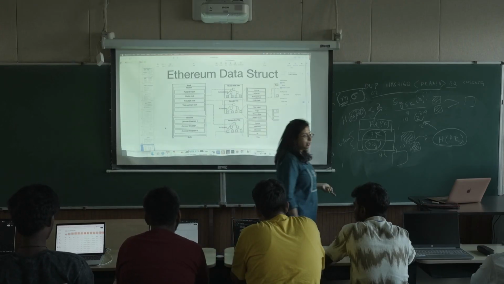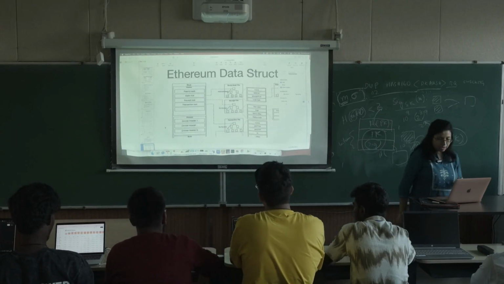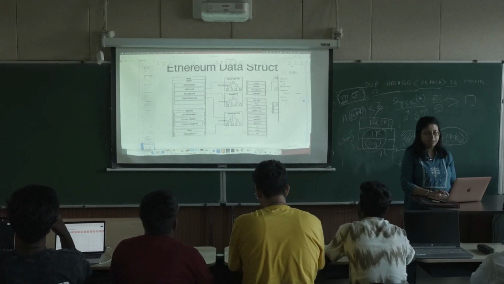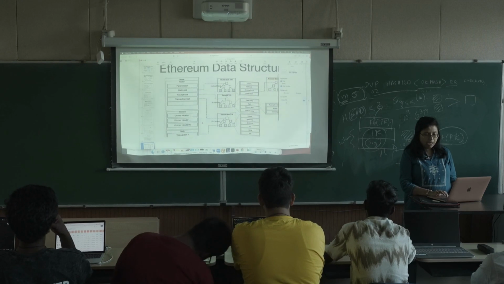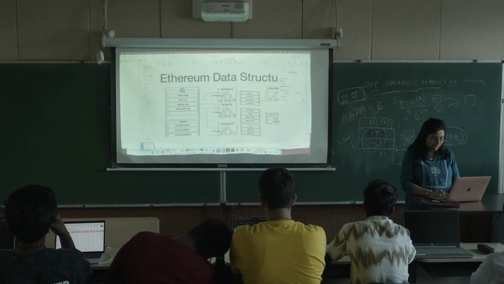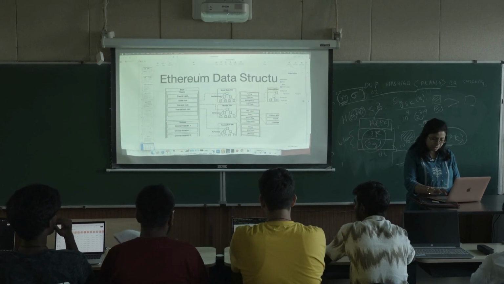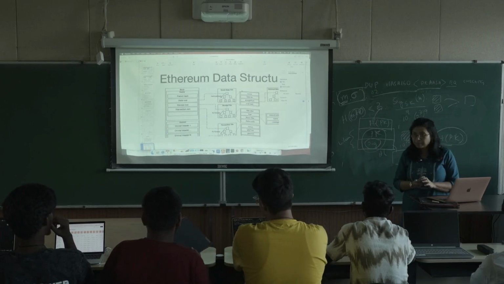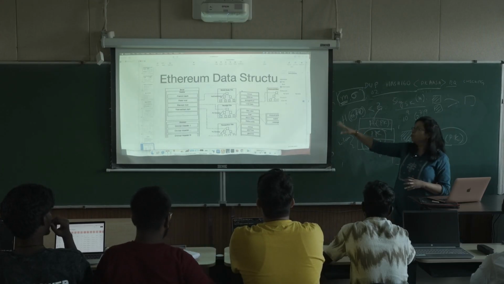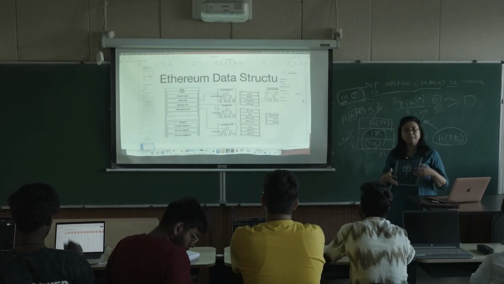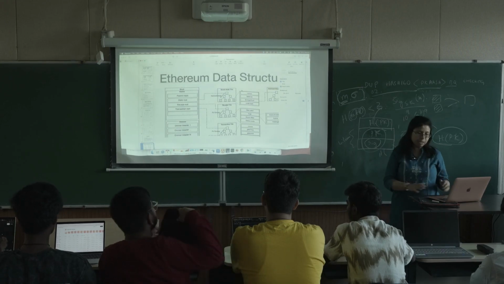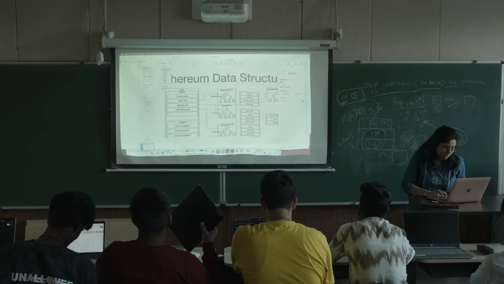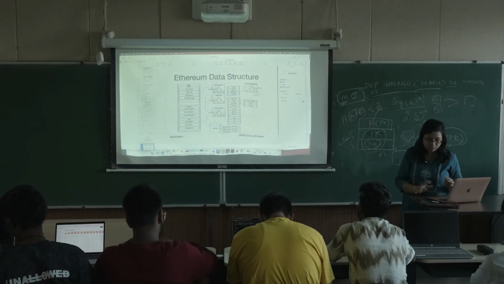Now we'll look into Ethereum, and for the moment I will simply show you what the Ethereum data structure looks like. Then tomorrow, when we are exploring scalability, this is very useful: why we need scalability and how we can scale. So these are useful things to have. Let me show you how the transactions look, not the Ethereum structure.